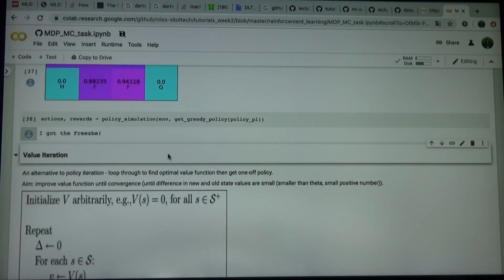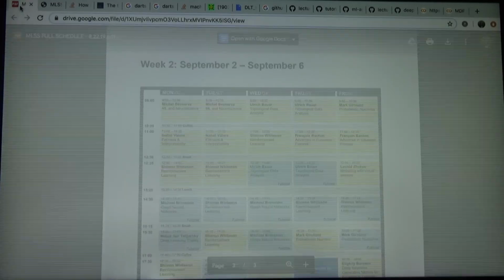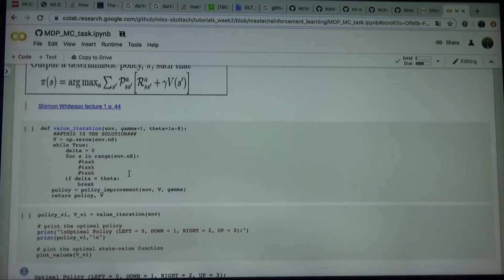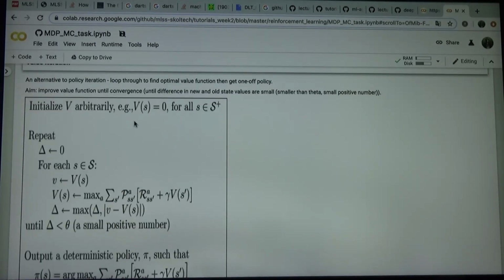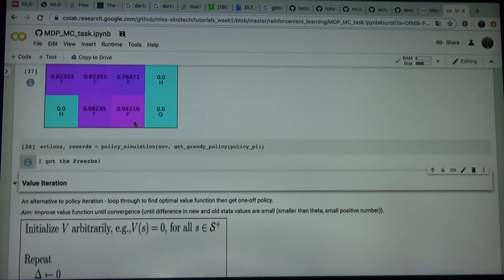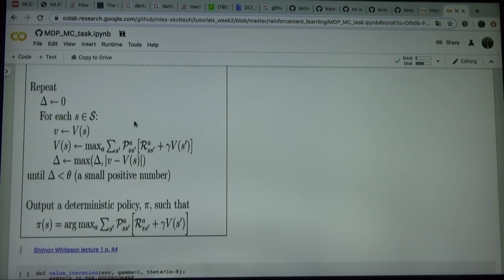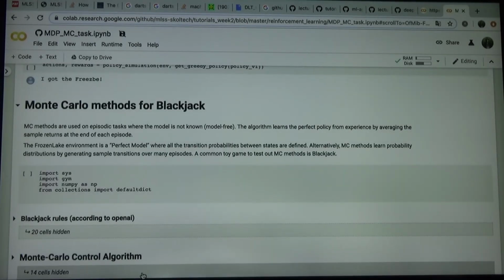Probably, because we don't have time, as a homework, I suggest you implement the value iteration algorithm, which is extremely similar, though a little bit different from the policy iteration. I also have included some Monte Carlo methods for a game of blackjack.